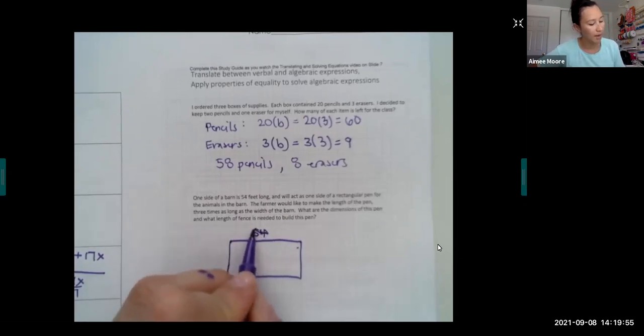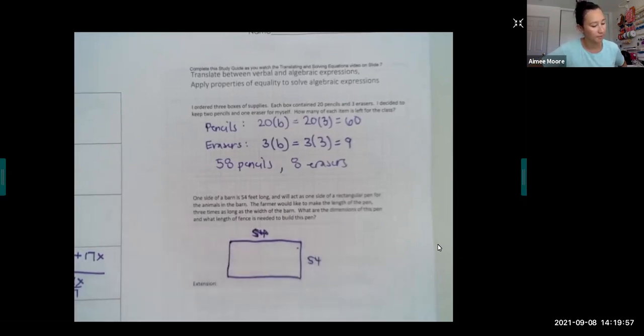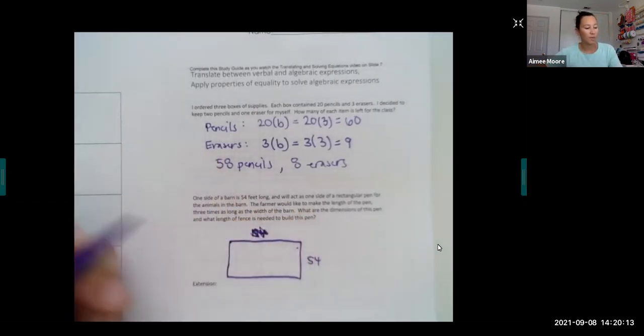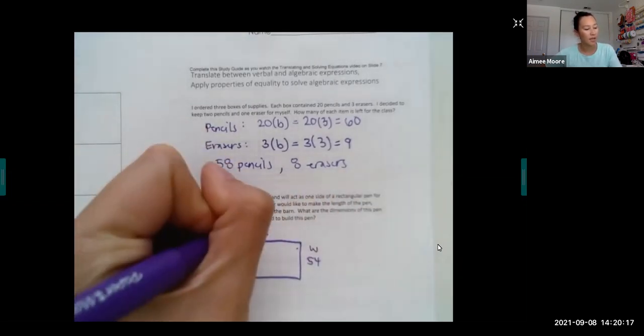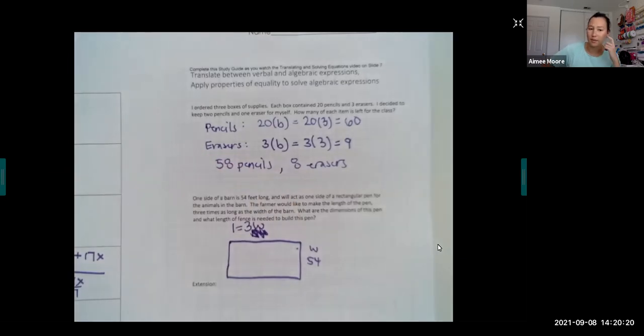So my drawing doesn't match. Let's put the 54 over here. So the width is 54, and then they want to make the length 3 times as long as the width. So here's our width. So to find the length, that's going to equal 3 times the width.